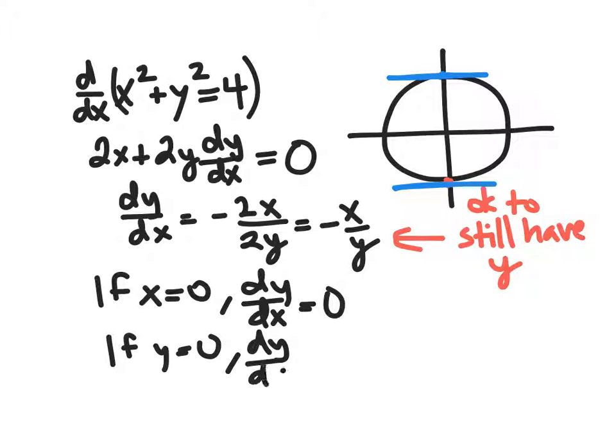Well, then we're trying to divide by 0, so this doesn't exist. Well, it makes perfect sense over here, right? We have vertical tangent lines when y equals 0. And you can see when x and y are the same up to a sign, midway through each of these quadrants, you're going to get either 1 or negative 1 as your slopes here in yellow, okay? So it checks out.